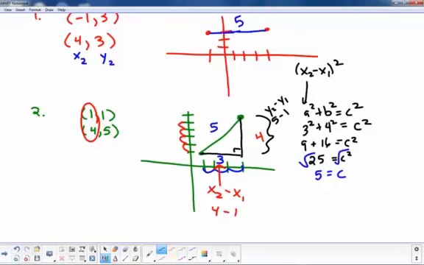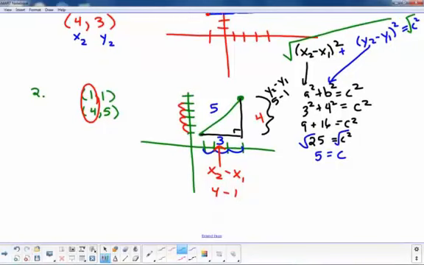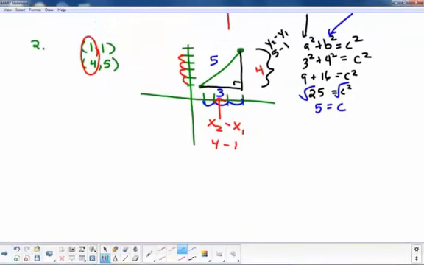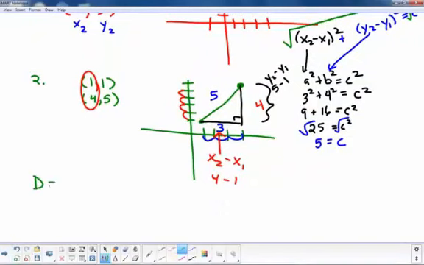And my b squared is really y2 minus y1 squared. And that equals c squared. So to find c, I square rooted both sides. So the distance formula can be written as the square root of the difference of the x's squared plus the difference of the y's squared. It's really just the Pythagorean theorem.